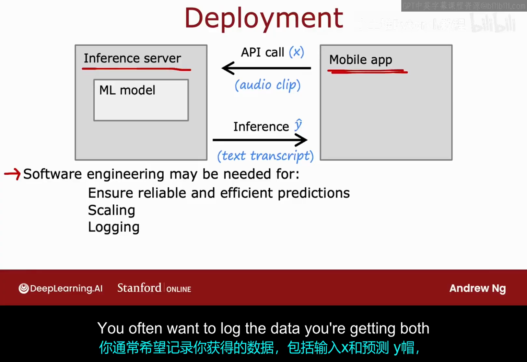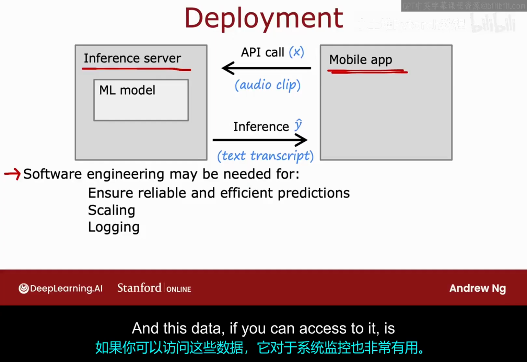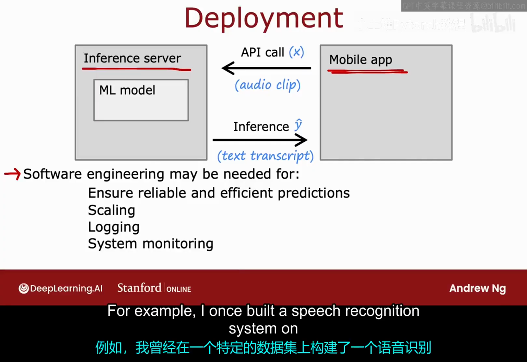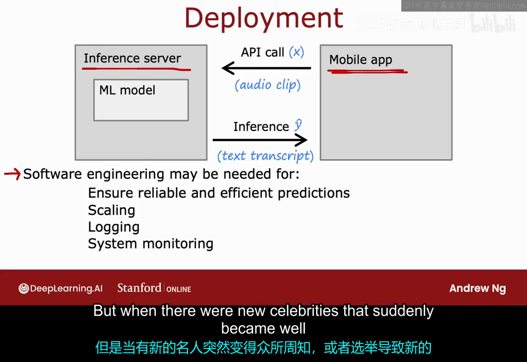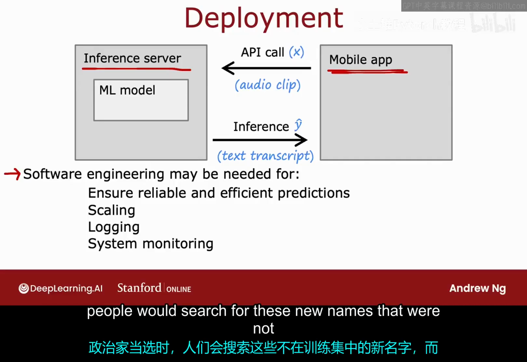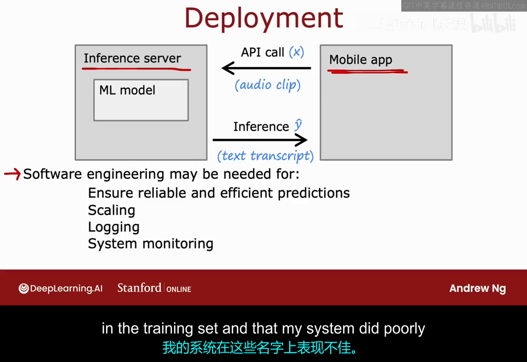You often want to log the data you're getting, both the inputs X as well as the predictions y hat, assuming that user privacy and consent allows you to store this data. And this data, if you can have access to it, is also very useful for system monitoring. For example, I once built a speech recognition system on a certain data set that I had, but when new celebrities suddenly became well known, or elections caused new politicians to become elected, then people would search for these new names that were not in the training set and that my system did poorly on.